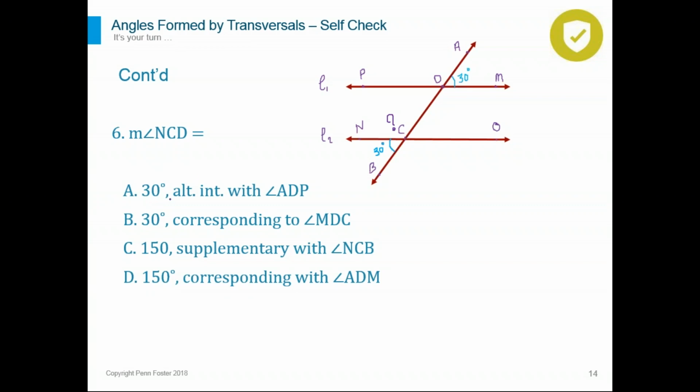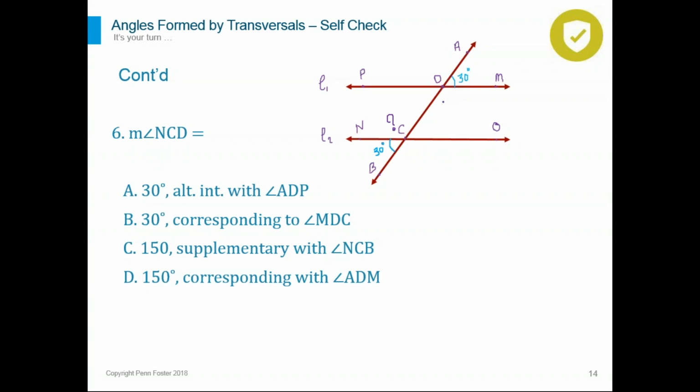Is it 30 degrees alternate interior with ADP? So is this angle alternate interior with ADP? Is it 30 degrees corresponding to MDC? So we're talking about this angle, and the other one they're mentioning in the answer, MDC.